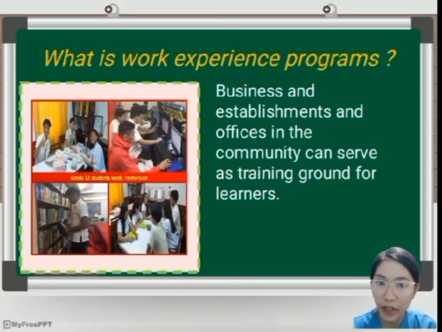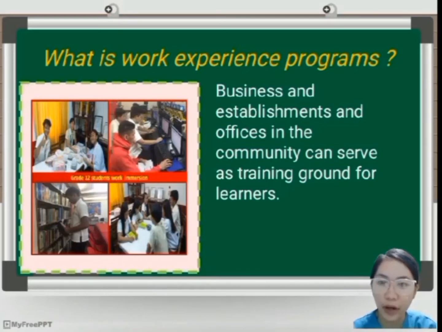In this work immersion, students are given the opportunity to work in relevant establishments or offices in the community to help them develop their competencies, work ethic, and values relevant to pursuing further education and or joining the world of work.